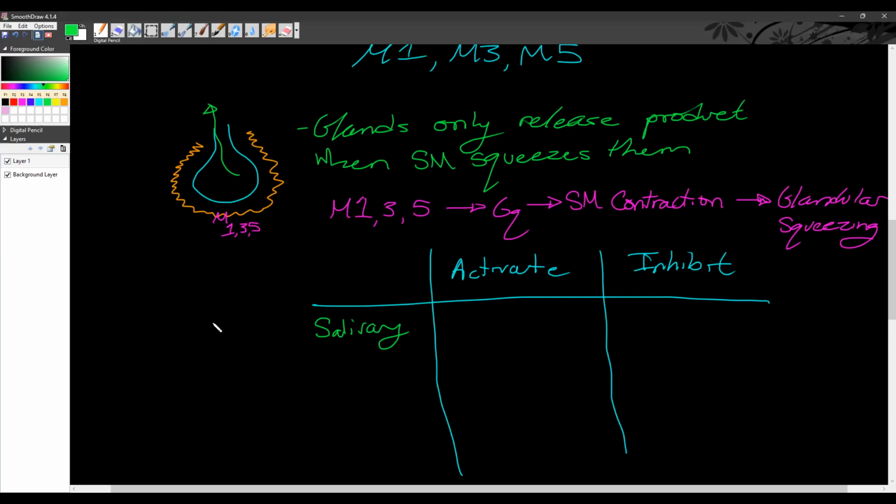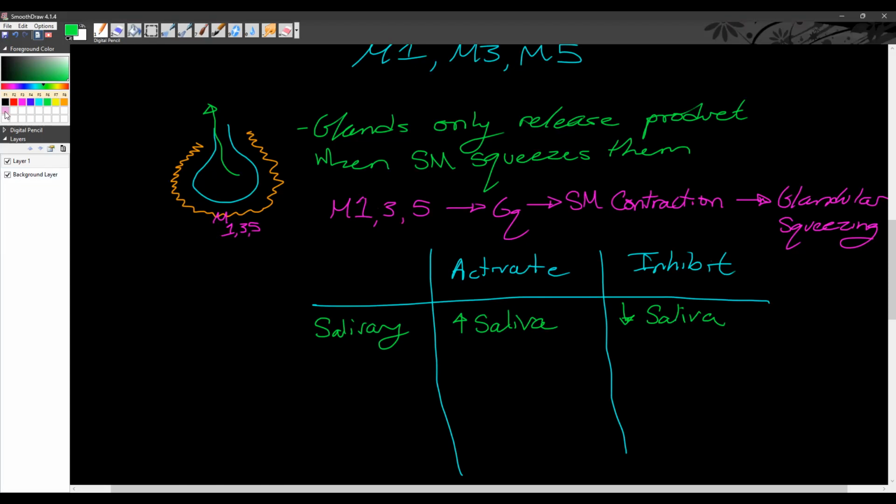You'll salivate more, right? We're going to increase the release of saliva. If you inhibit, you're going to decrease the amount of saliva.